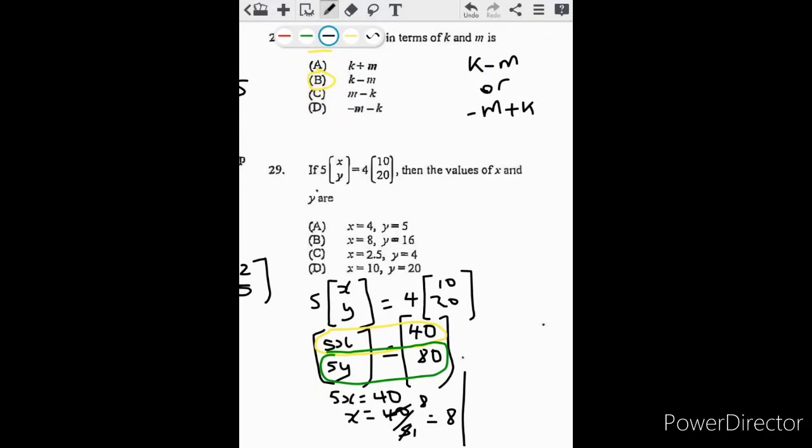And then solving for y, we have 5y is equal to 80, so y is equal to 80 divided by 5. 5 into 8 is 1 with 3 remainder, so 5 into 30 is 6. So that's 16. So our answer is y is equal to 16 and x is equal to 8, which is the same as B.